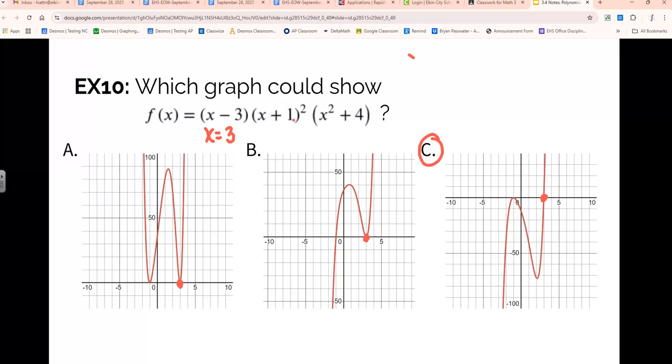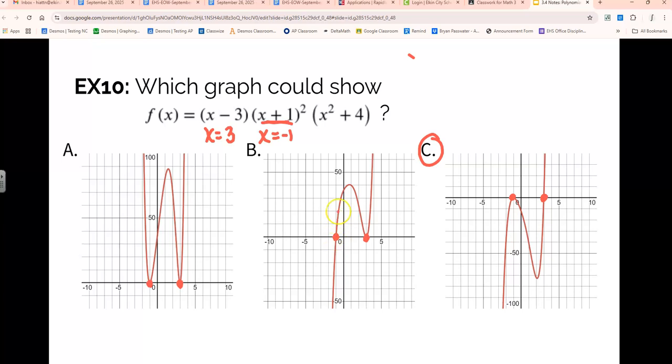I also, though, could go on to see that I've got x should equal negative 1 right here from that middle factor. So, I can see I've got a 0 at negative 1. It is supposed to be a bounce. This one is for A, but 3 was already wrong.